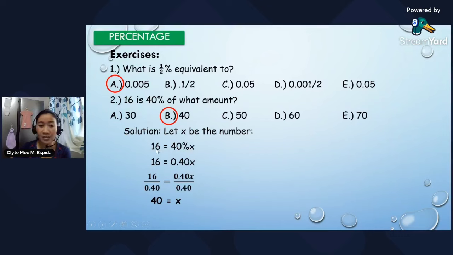So you write it that way. 16 is 40% of what number, which we represent with X. So writing 40% into decimal, you have 40%, that becomes 0.40 or 0.4. Then divide both sides by 0.4, para malaman natin kung ano yung value ni X. So, cancel out 0.40. 16 divided by 0.40. So, the answer would be 40. So, the correct answer is letter B.